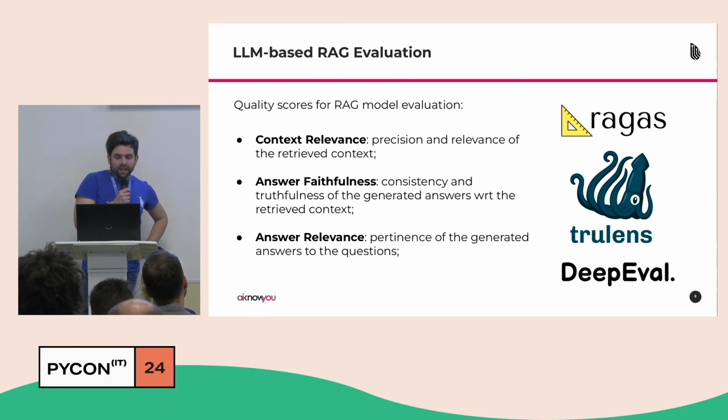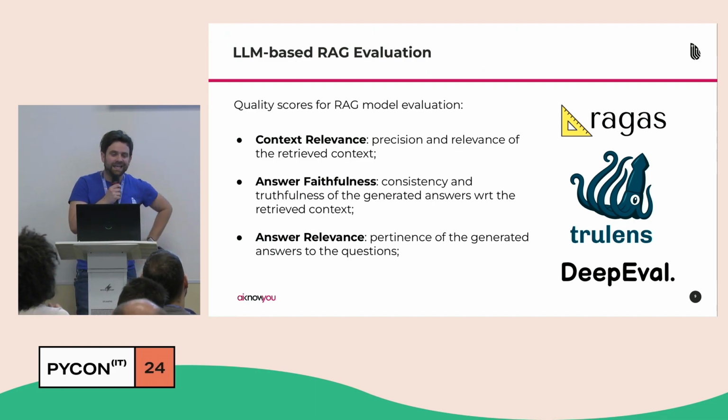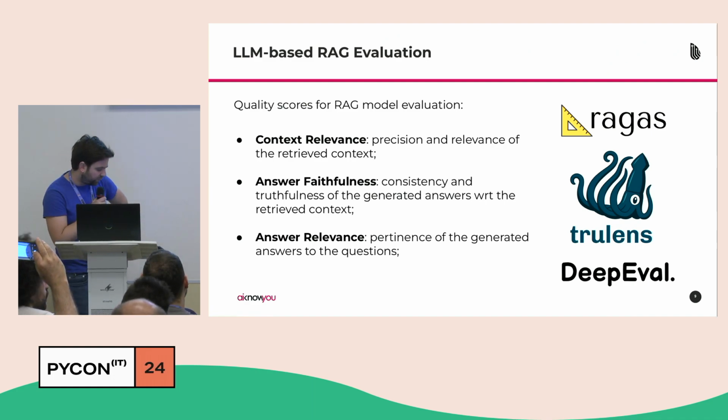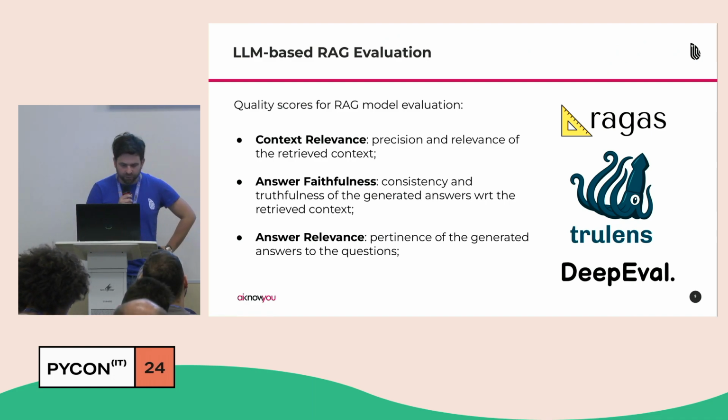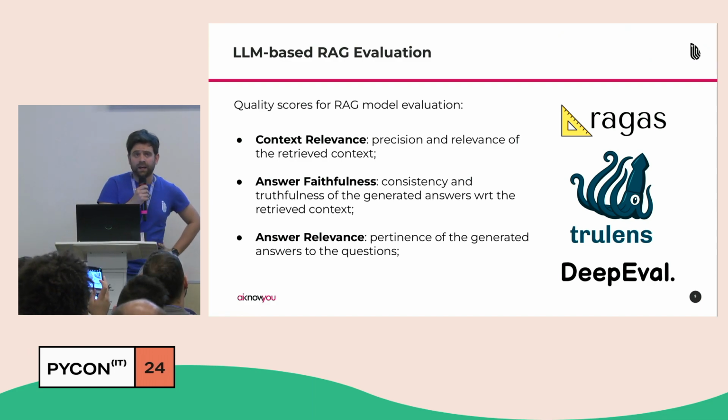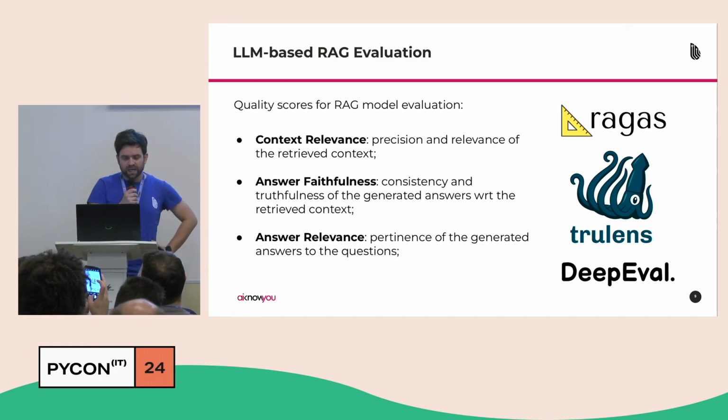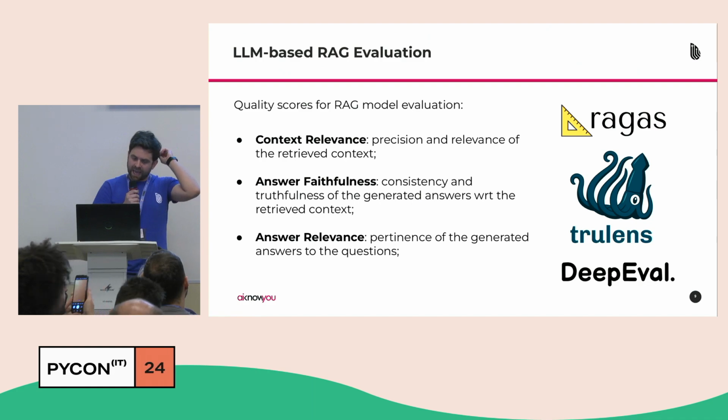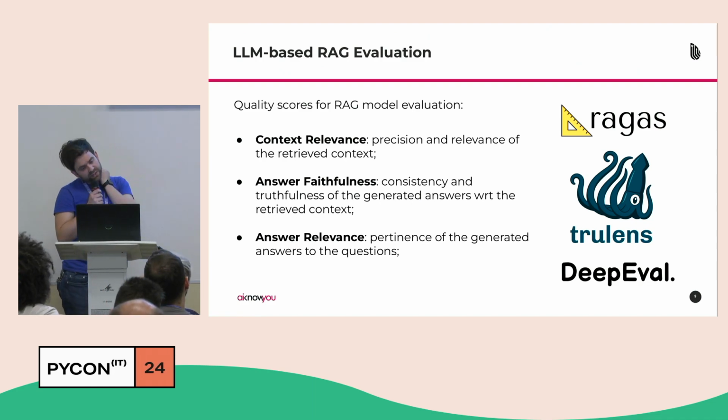The RAG can even be evaluated by the LLMs themselves. I think this is really useful in production for software, and those three quality scores, I think, are the most useful.